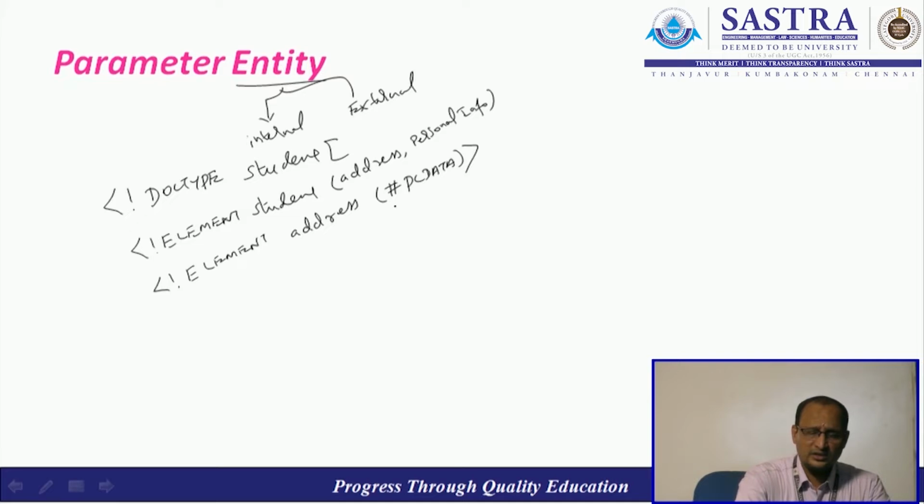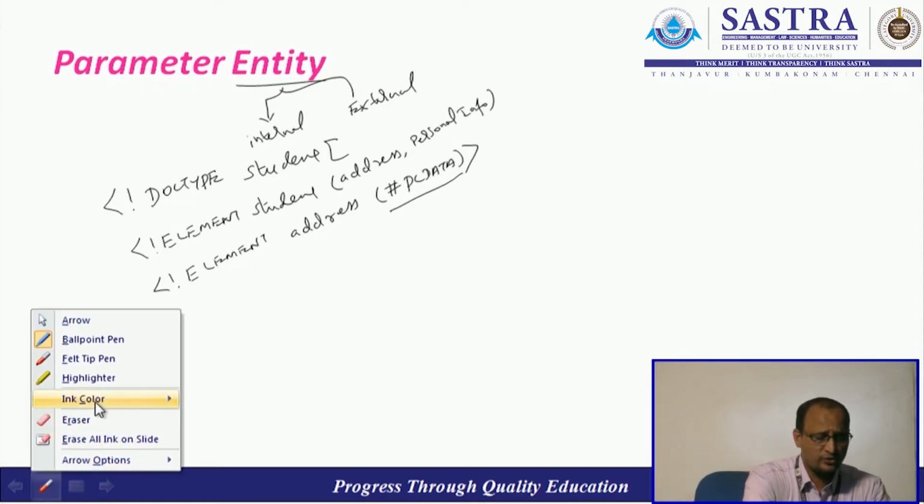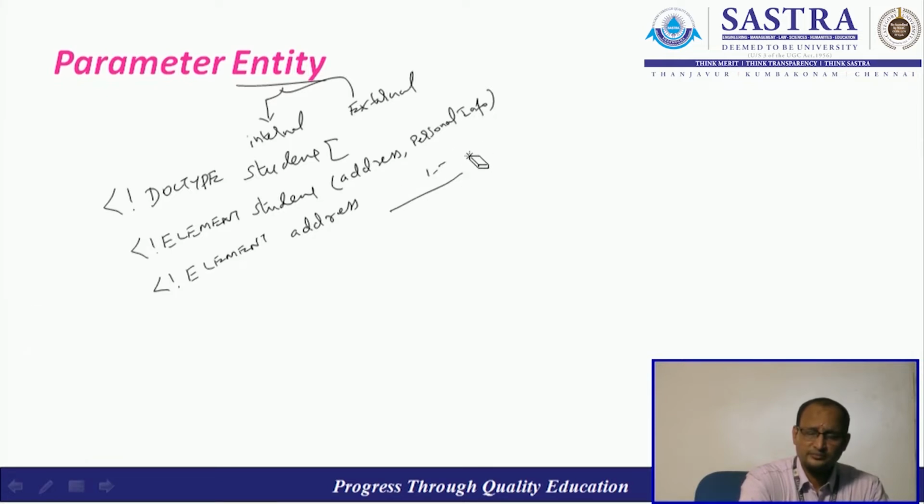I have used #PCDATA. So this representation should be given for personal info or register number, name, mobile number. So these elements are to be defined by using the same existing definition. In the sense, I can go for defining internal parameter entity. So this is the way we will achieve this reusability. I can show you how we achieve this.